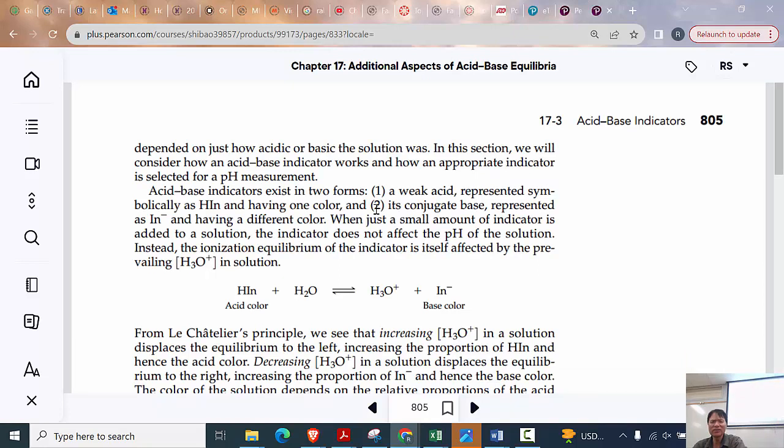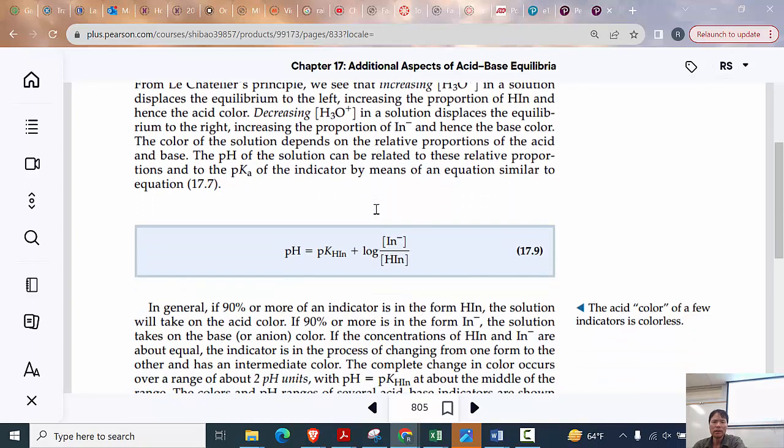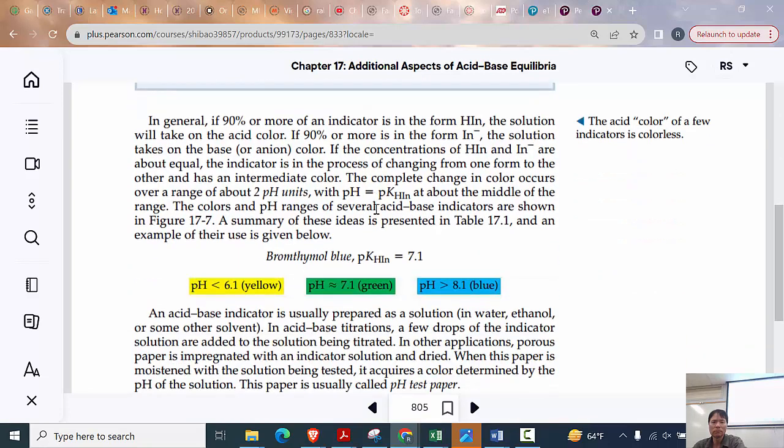And so they have to have different colors. The acid color, IN stands for indicator, so it's whatever the anion for the indicator is. And IN minus, that's the indicator negative, the anion. And here they do the pKa of the indicator, plus or minus the base to acid ratio. For example, bromothymol blue has a pKa of 7.1.